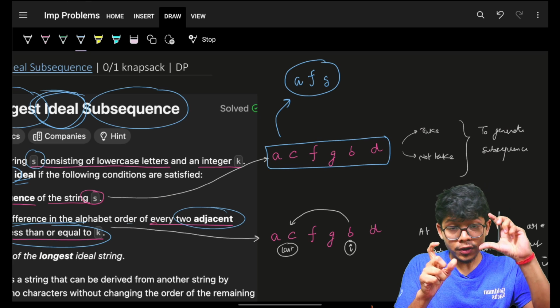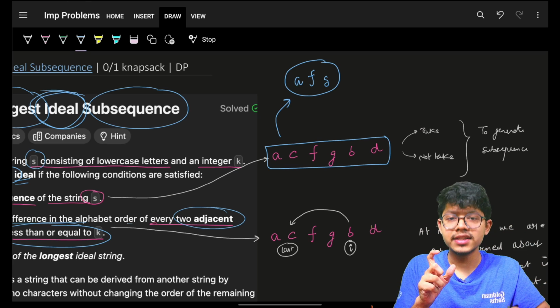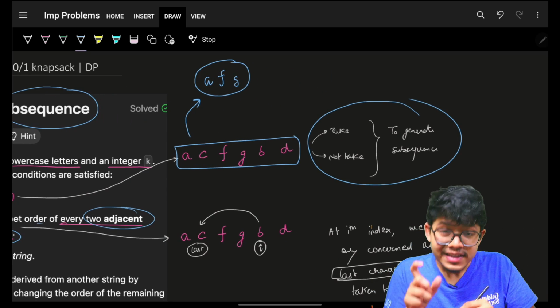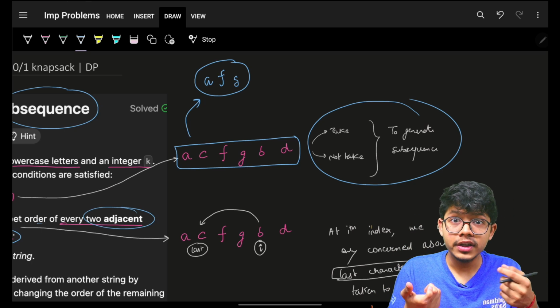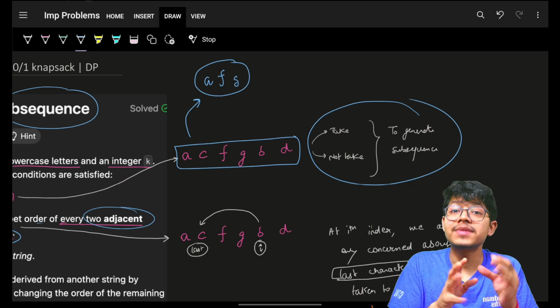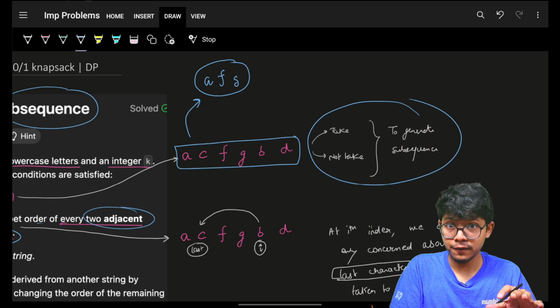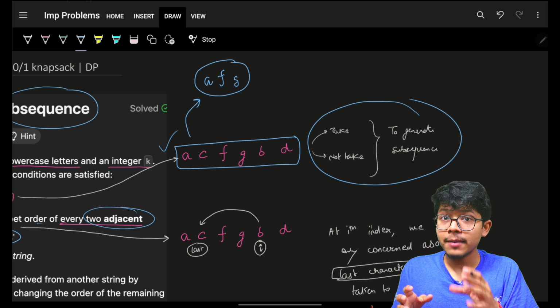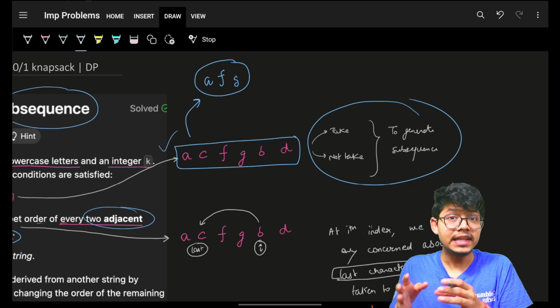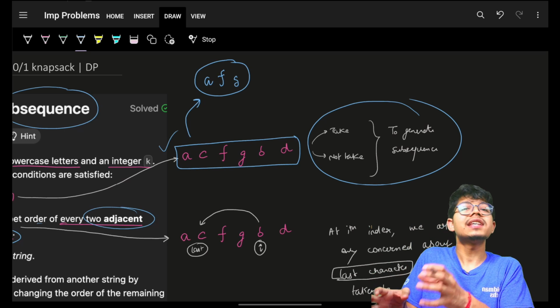So the first intuition here is, as soon as something comes up as take or not take, which means give or not give, a 0-1 knapsack kind of problem can be formed. I am not saying generating a subsequence is a knapsack problem. When I say knapsack, I mean actually a DP problem, but it's an intuition.